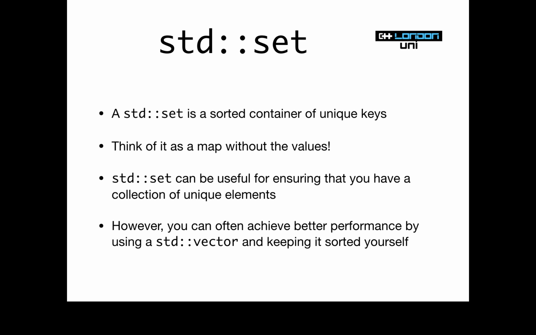Whereas a set is a node-based container, like a list, meaning that the values, in this case the keys rather, are spread out all over memory, so it's slower. We have to roam all over our computer memory in order to iterate over all.